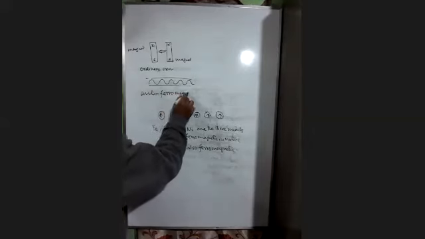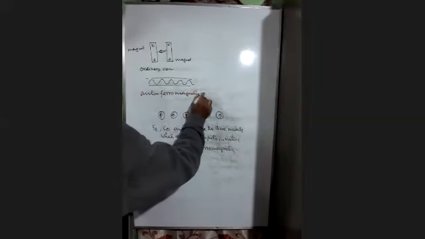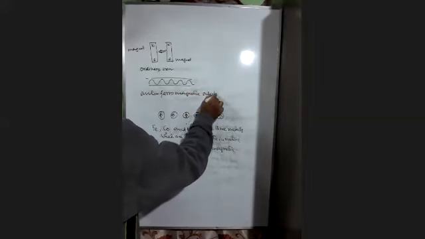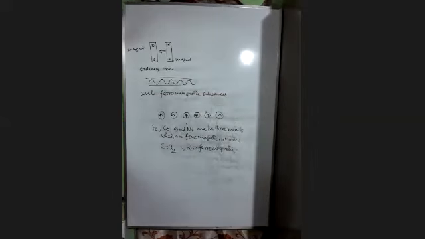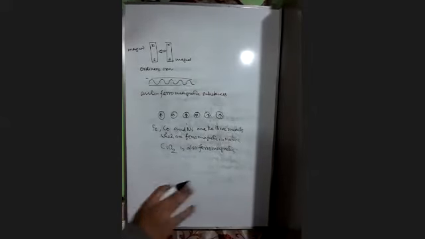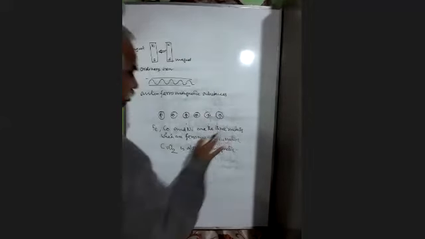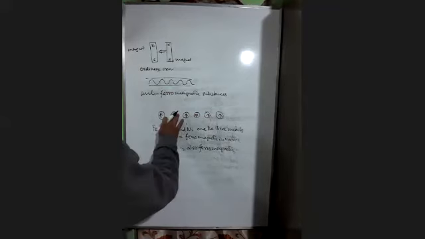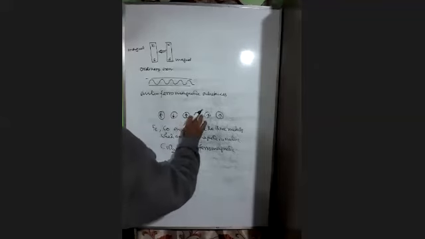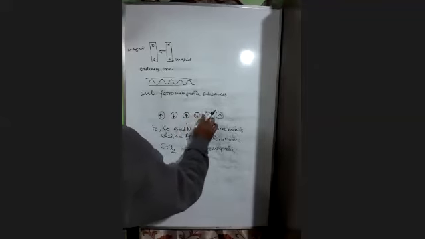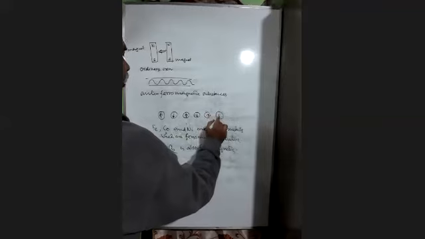Okay. Now, antiferromagnetic substances. In antiferromagnetic substances, what happens there? See, there also you have unpaired electrons, and you have equal number of unpaired electrons. But you know what happens? The alignment is anti-parallel to each other. In ferromagnetic substances, they are parallel, and here they are anti-parallel.